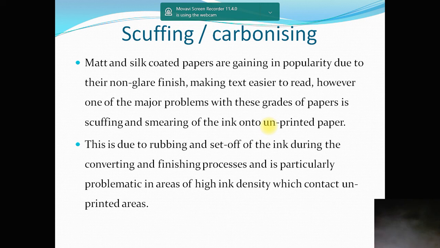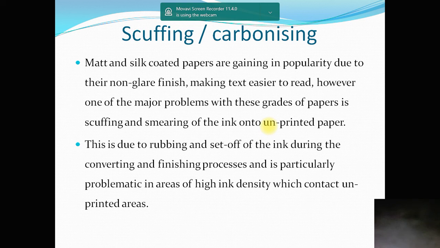What is the problem? One of the major problems with these grades of paper is scuffing and smearing of the ink onto unprinted areas. Because on the matte surface or the silk coated surface the ink is deposited, and now I am doing certain finishing works to that.